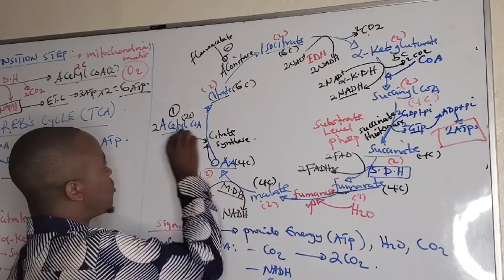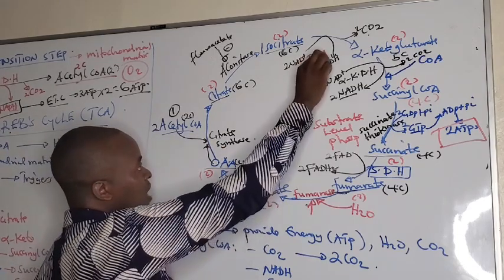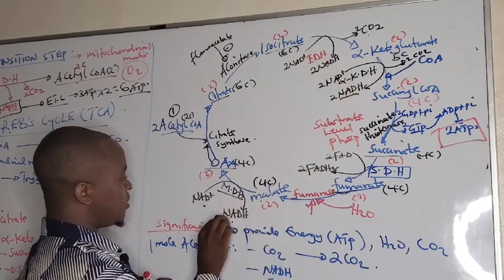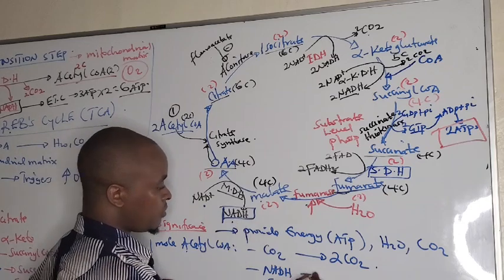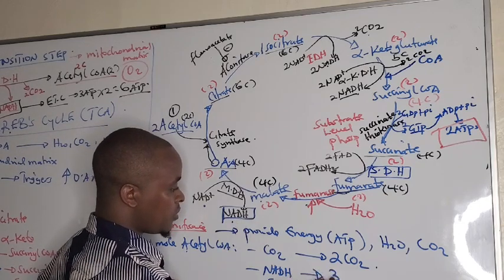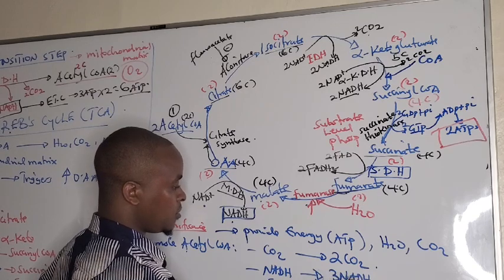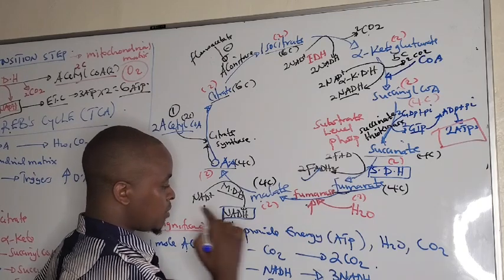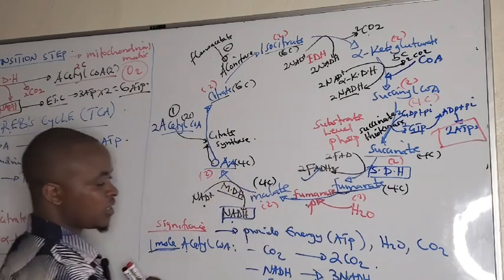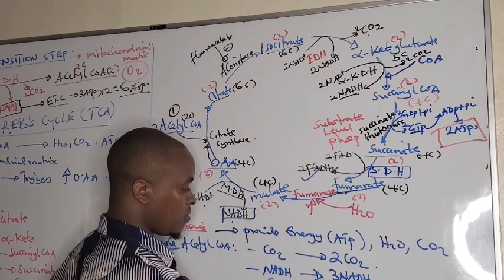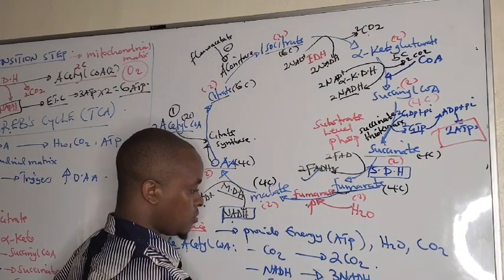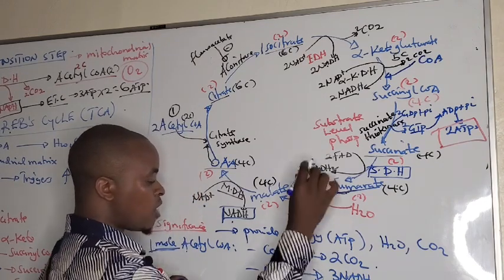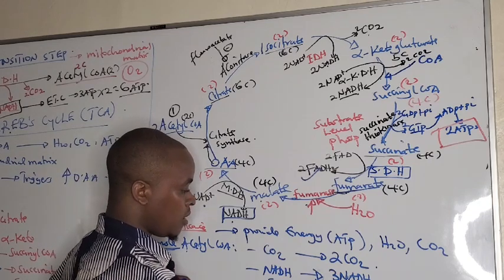Then it produces 1 NADH, second, and the third, so it produces 3 NADH. Then FADH2 is only 1, which occurs here. Then ATP at substrate level, 1 molecule of acetyl-CoA produces 1 ATP.